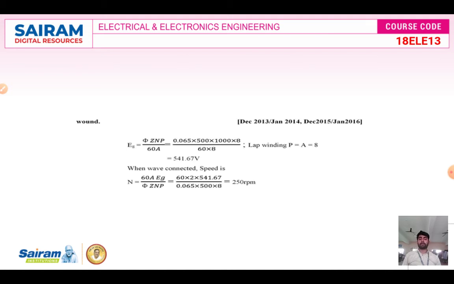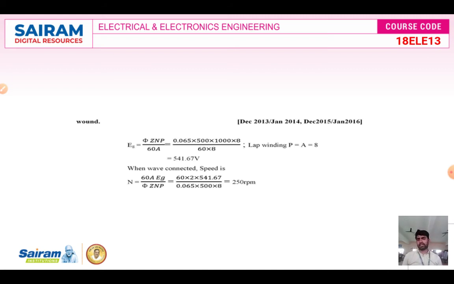For lap winding, P is equal to A is equal to 8. So number of poles is equal to number of parallel paths for DC shunt generator. So we got EG is equal to 541.67 volts. After substituting all the values, we got 541.67 volts, high voltage application.